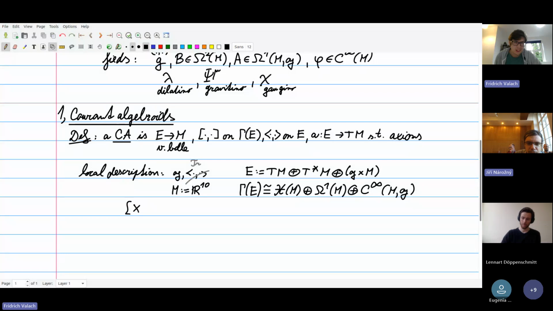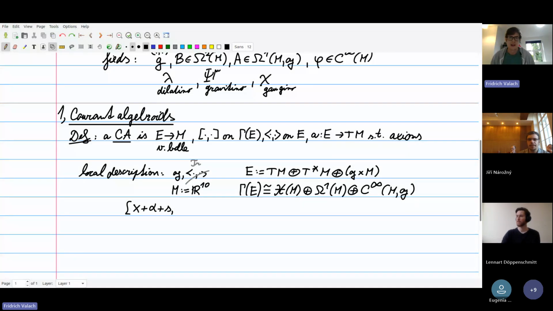Could I ask a question for a moment? You say this is a local model, but the manifold M can in principle be anything else. Yes. Here you can actually forget about this, but since I'm doing it locally, it's like R10. So there is no loss of generality. If you take this to be R to the 10, you can try to glue it together over some contractible patches.